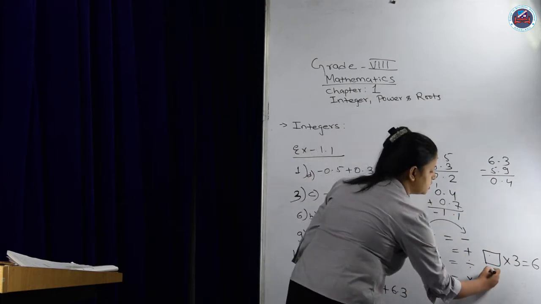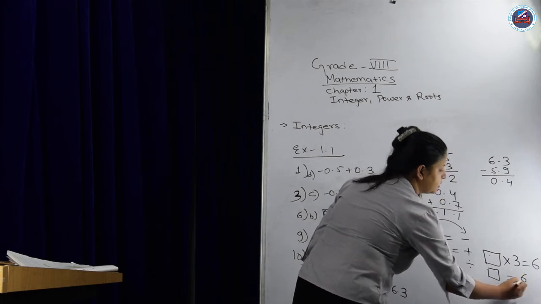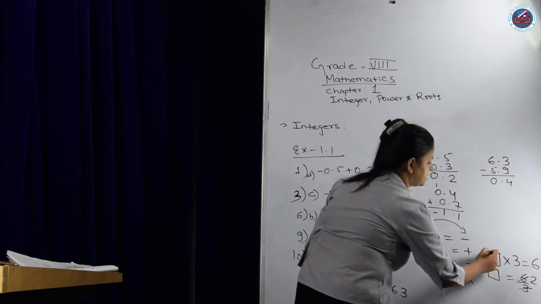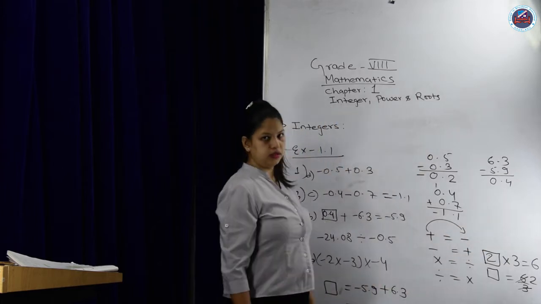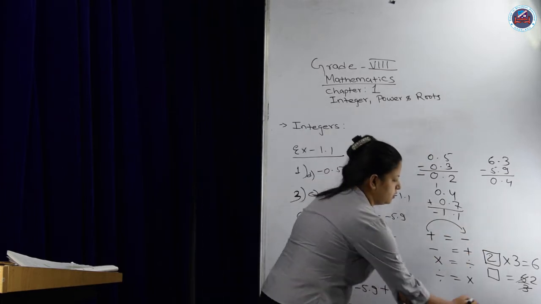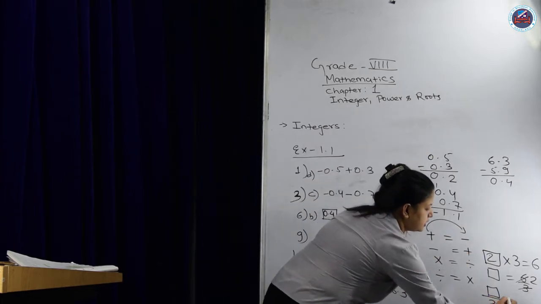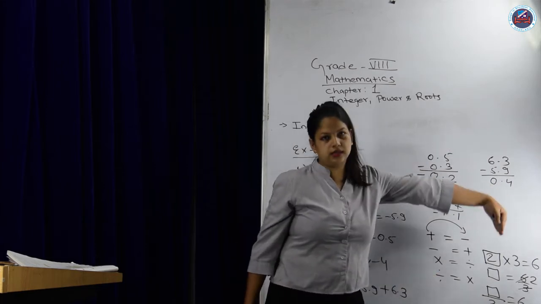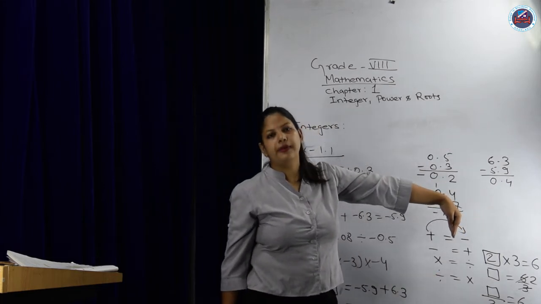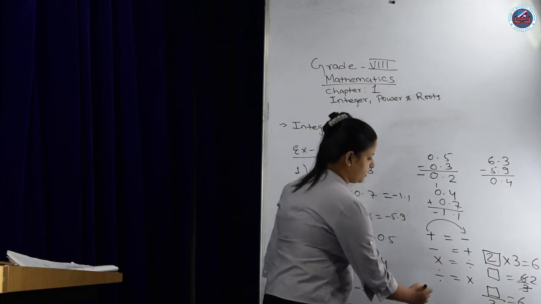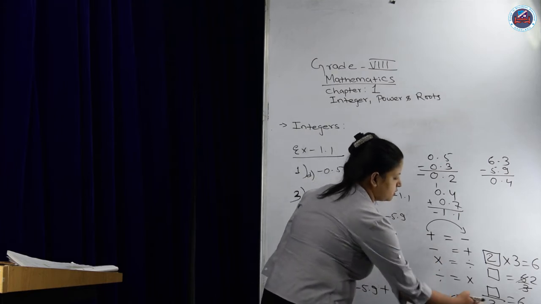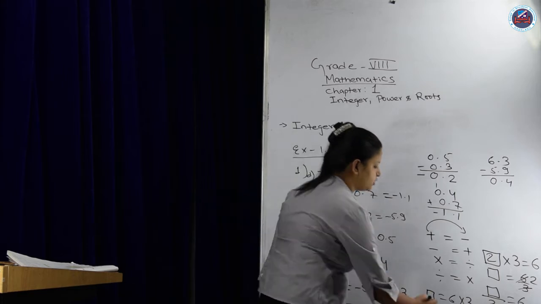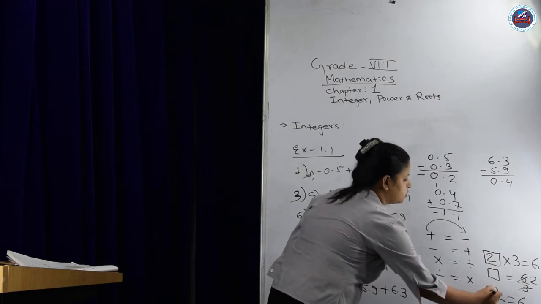The box remains here, 6 will be there, but 3 will go and divide. That means it has to be 2 here. Similarly, if it was divided like this, it will go to the other side and multiply. So 3 will go and multiply, 6 into 3, which gives you 18. So here it would be 18.